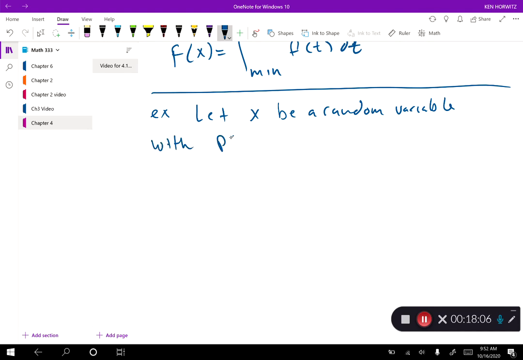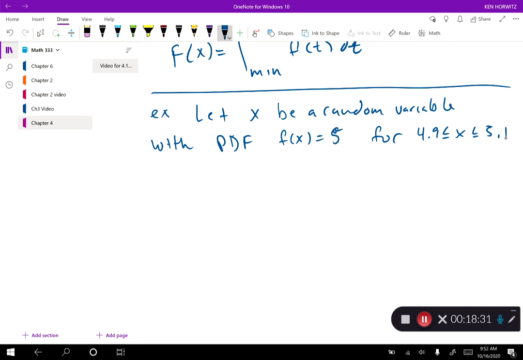With a PDF of 5 for the values 4.9 to 5.1.